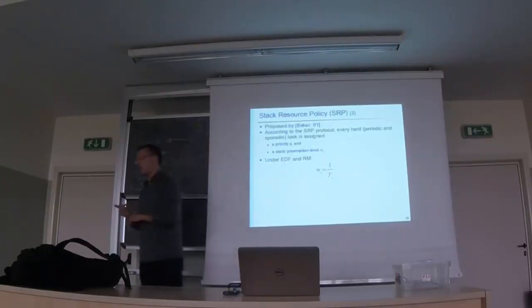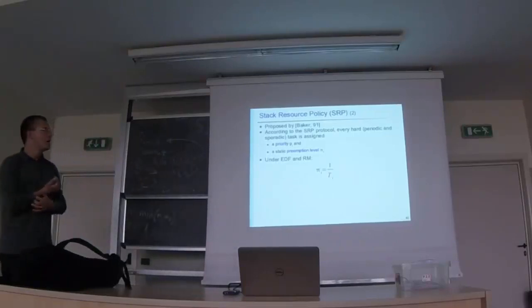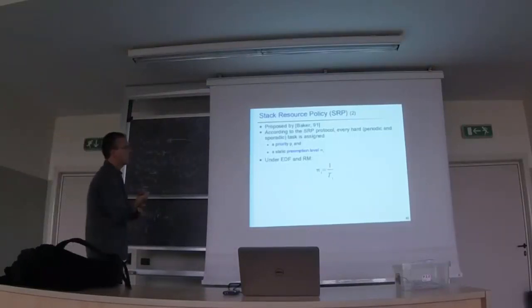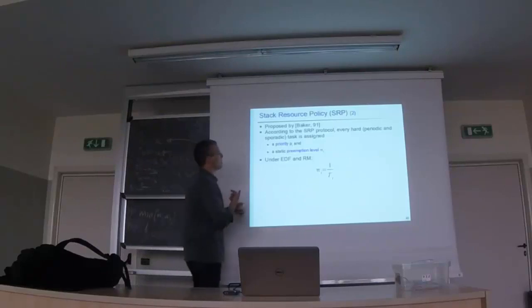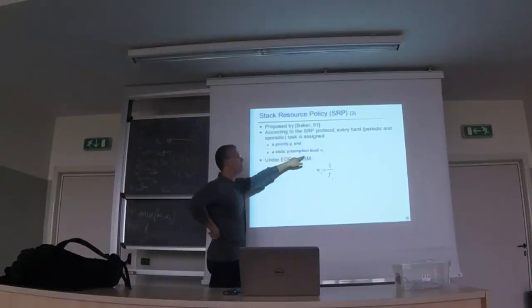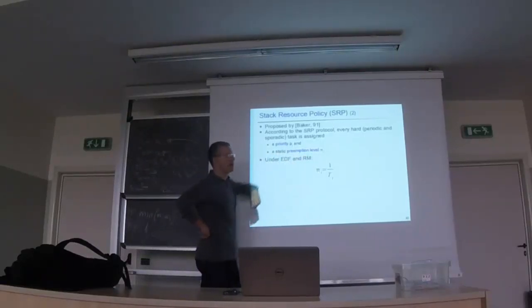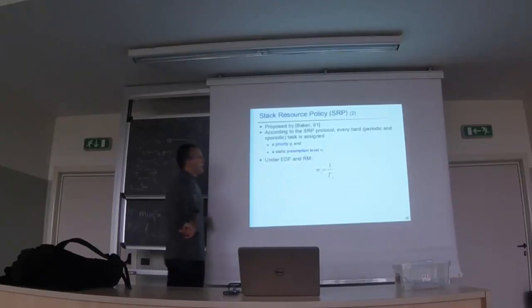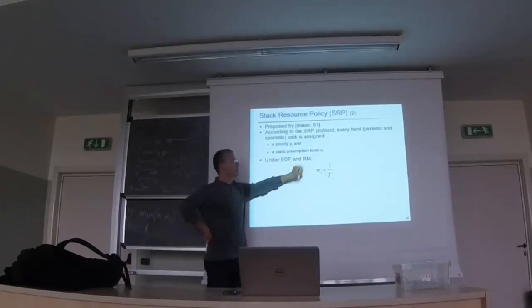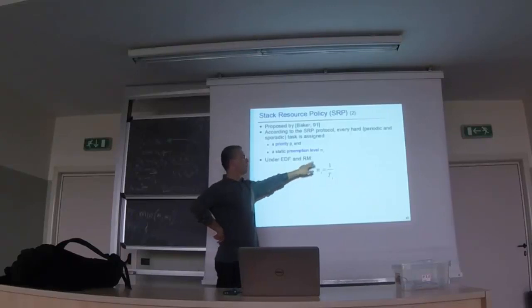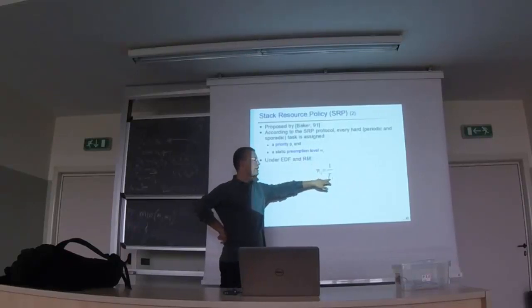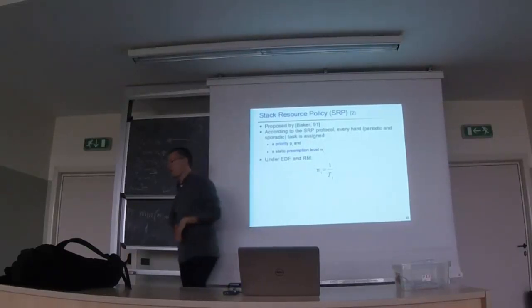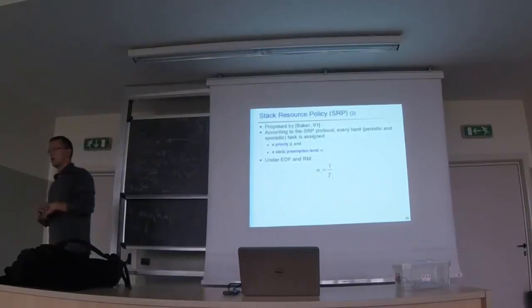That was proposed by Ted Baker in the 90s. Every task has a priority P and a preemption level pi. Under EDF and under rate monotonic, the preemption level is given by the inverse of the period.